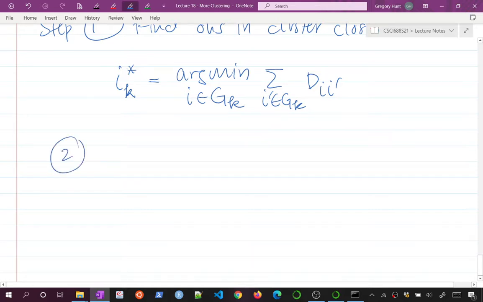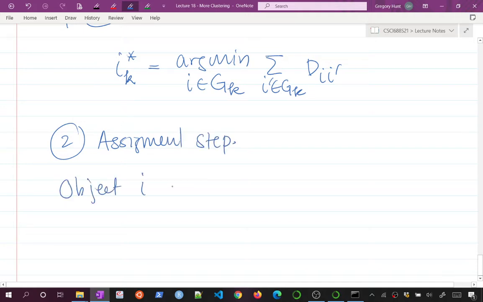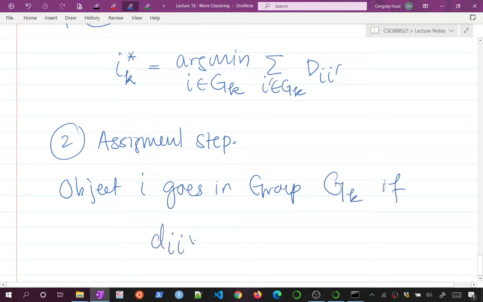Our second step, our assignment step, is basically the same thing, where we say object i goes in group G_k if the dissimilarity of i to i star k is less than the dissimilarity of i to i star k prime for any other k prime.